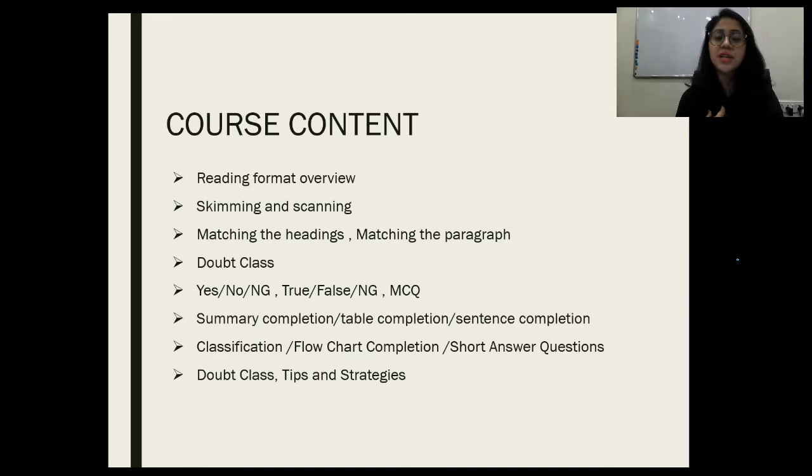You and me together, we are going to answer these questions so that you are able to excel. And what are we going to practice? Yes, no, not given, true, false, not given, multiple choice questions, summary completion, table completion, sentence completion, classification, flow charts, short answer questions. All of these are going to be practiced with questions.